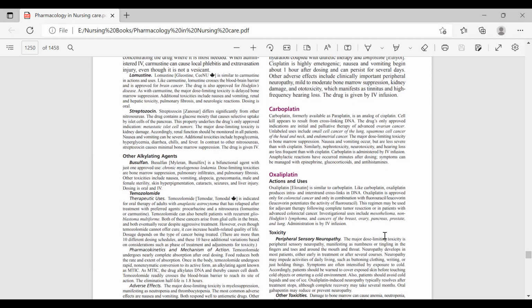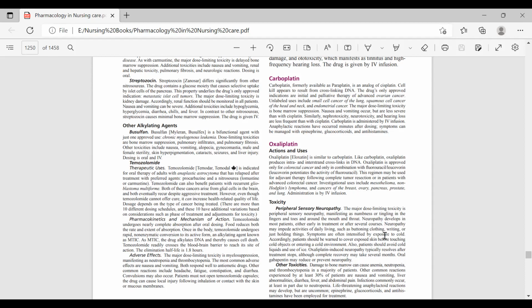Another drug is carboplatin. It is very similar to cisplatin. The cell kill appears to result from cross linkages of DNA. The drug is only approved for initial and palliative therapy of advanced ovarian cancer. The unlabeled use is for small cell cancer of the lung, squamous cell cancer of the head and neck, and endometrial cancer, that is cancer of the endometrium.